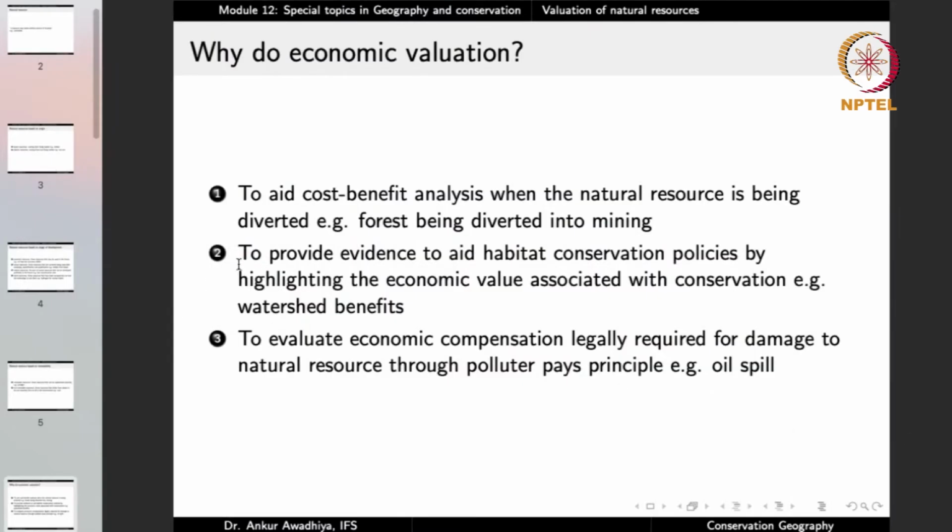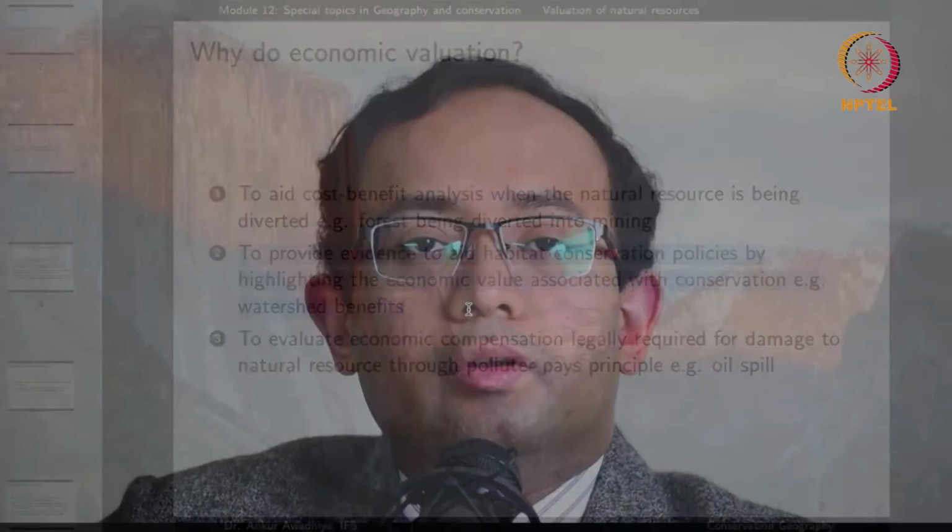We also require economic valuation to provide evidence to aid habitat conservation policies by highlighting the economic value associated with conservation, such as watershed benefits. That is, when you tell people that okay, we have a wildlife reserve in this area and we should continue this area as a wildlife reserve, people will always come up with certain statements that okay, this area is not giving us that much of benefit, let us convert this area into an industry.